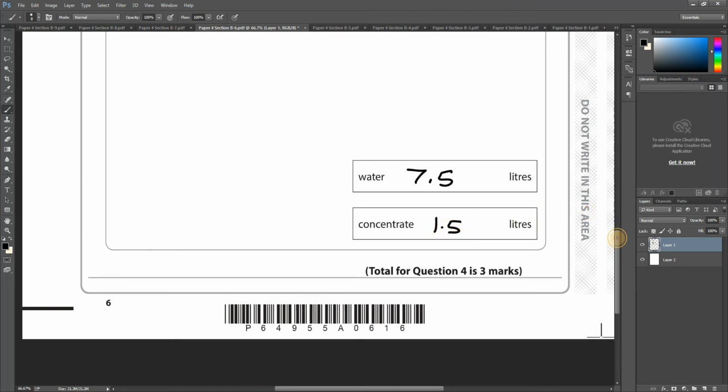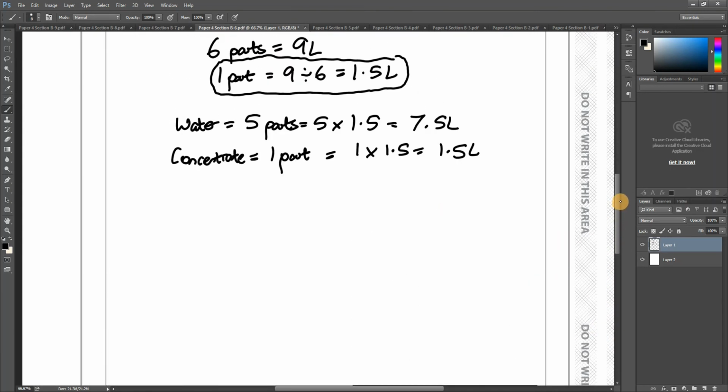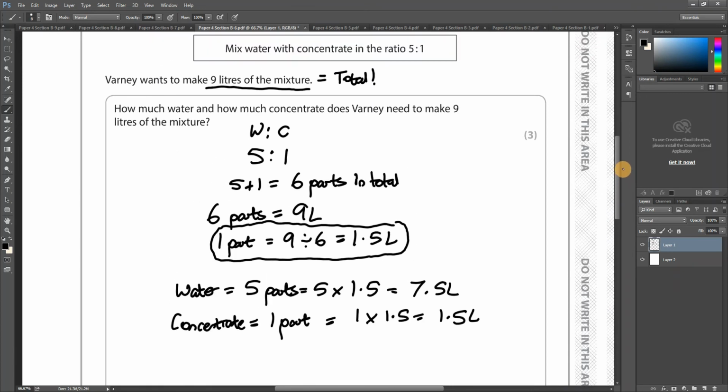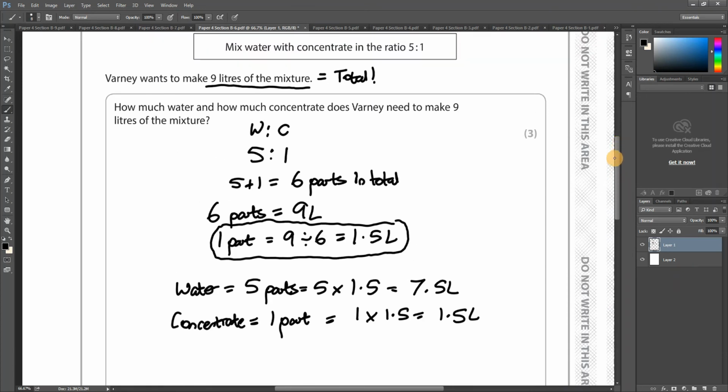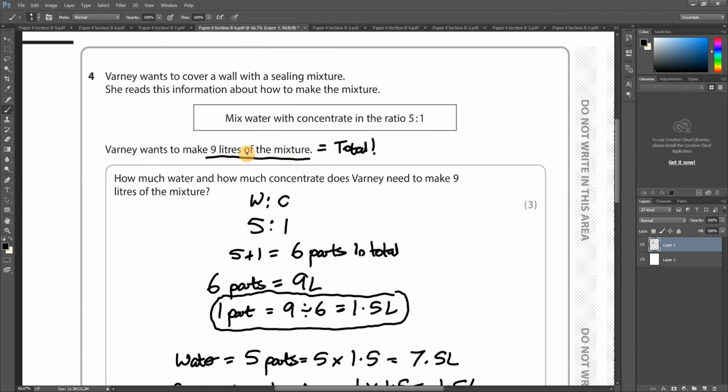And a good way of checking you've done it right is, if you add these two together, you should get 9 in total, and you do. If you add 7.5 and 1.5, you'll get 9 litres, which is what the original was. So yeah, 3 marks for that. Don't forget, it's not always the case where you add the parts. It totally depends on what information they've told you in the question. In this question, they have told us the total.